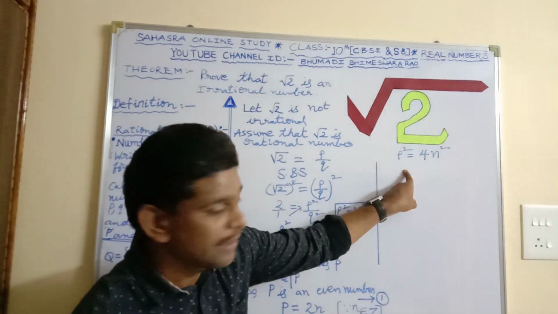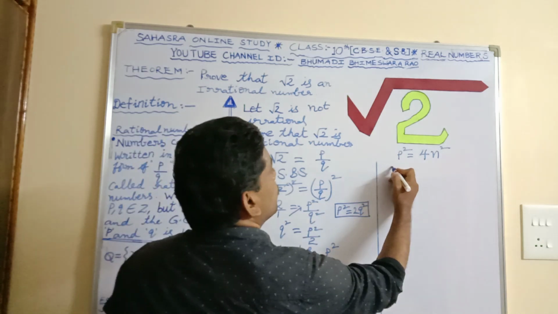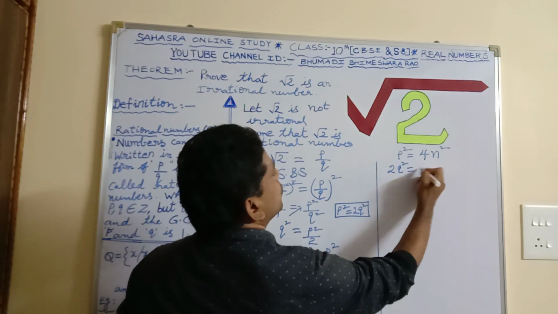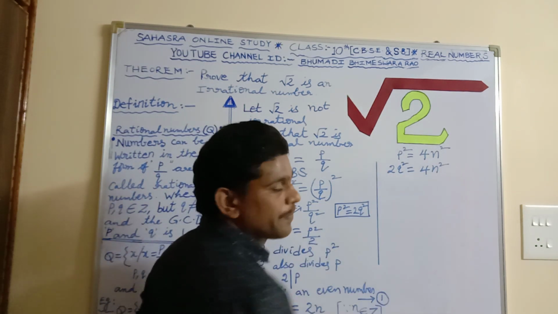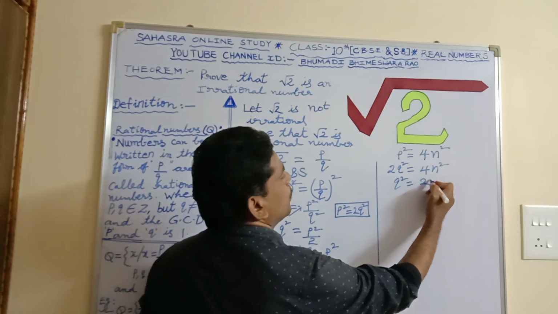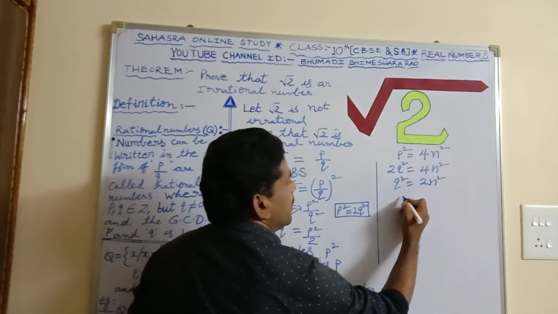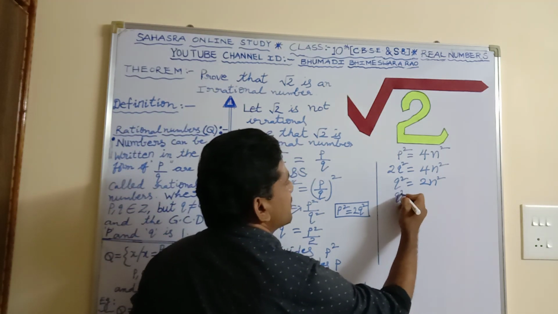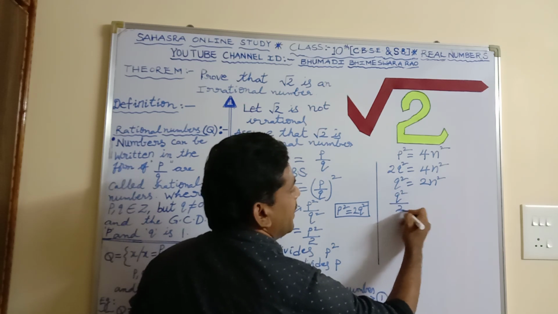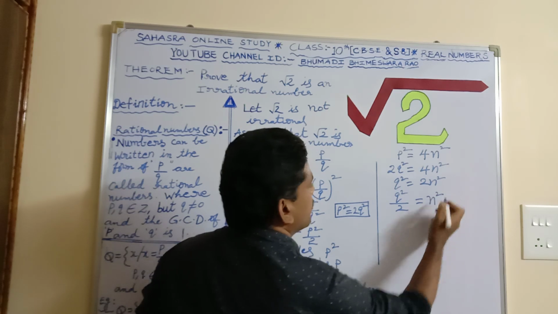Now I am writing the value of 2q square instead of p square. So 2q square equal to 4n square. Cancelling 2 on both sides, q square equal to 2n square. Similarly, bringing this to the left hand side, q square by 2 is equal to n square.